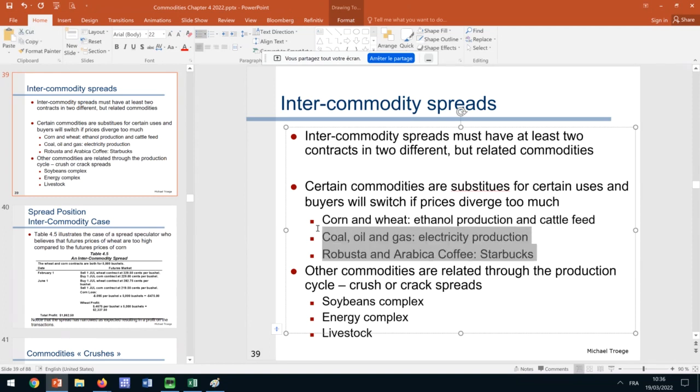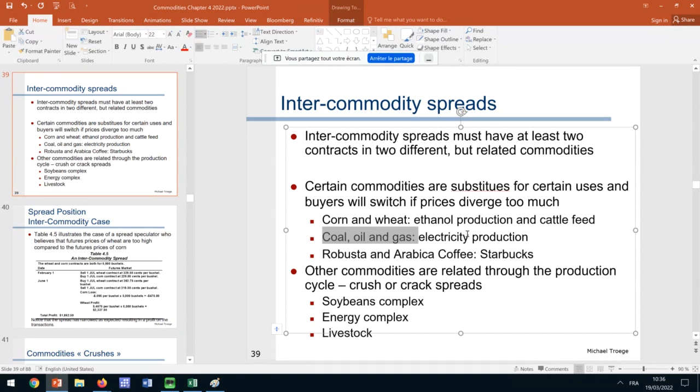Why are the prices in these commodities moving in the same direction? Because they are substitutes. Robusta and Arabica coffee, that's clear. Starbucks doesn't really tell you what they put in their standard coffee. They substitute one against the other.